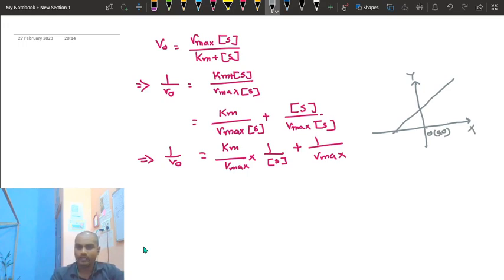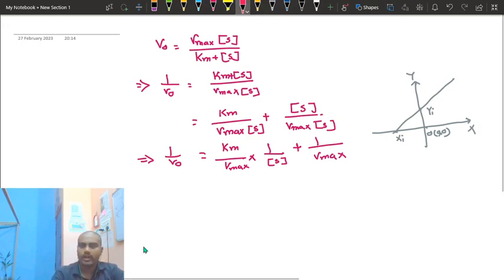This is the x-axis intercept, and this point is the y-axis intercept.